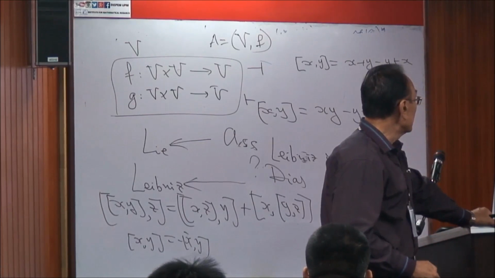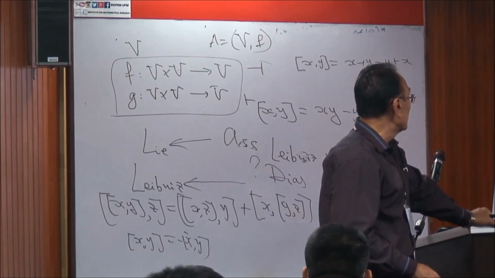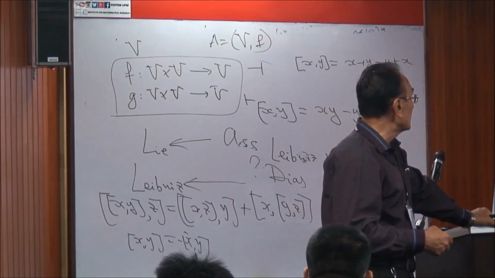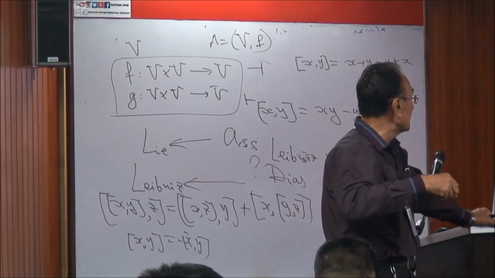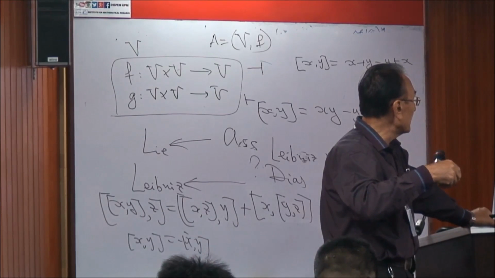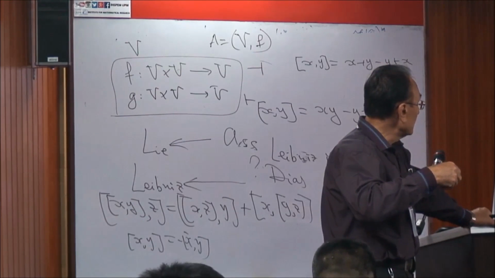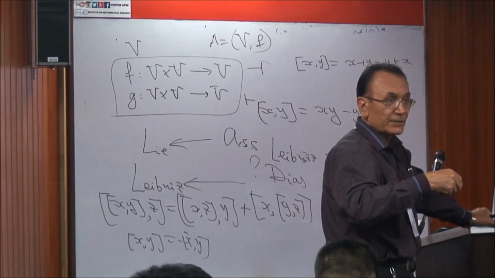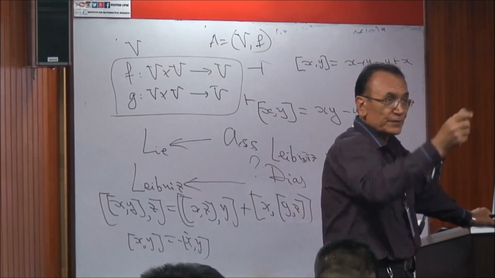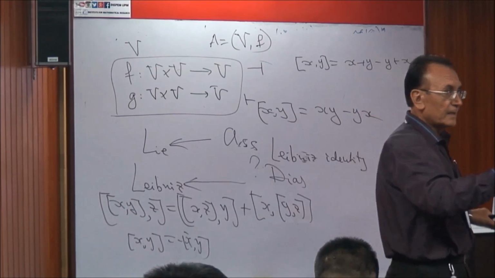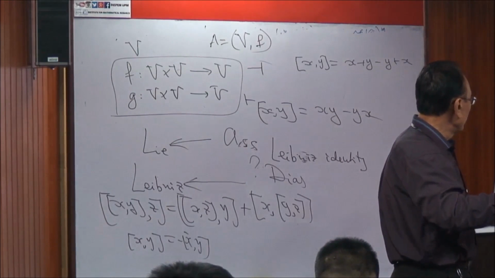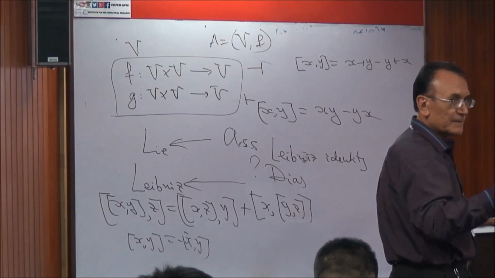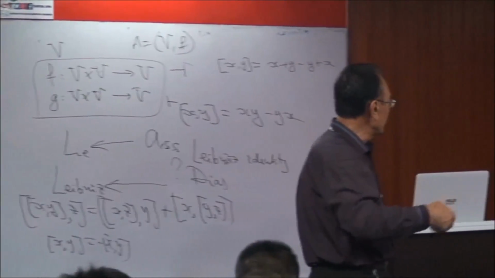Okay, then of course you can define a homomorphism from one dialgebra to another. It is a linear map satisfying this condition. Of course, you should keep the direction of operations. If you change it, you will get not a proper homomorphism. It will be something else, but it can still be studied.